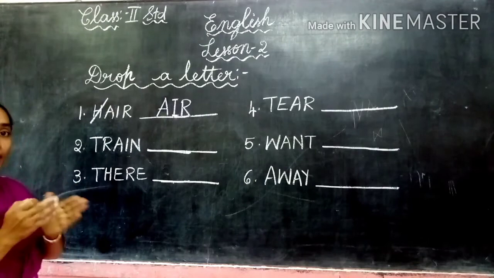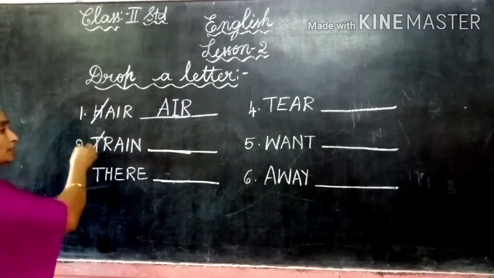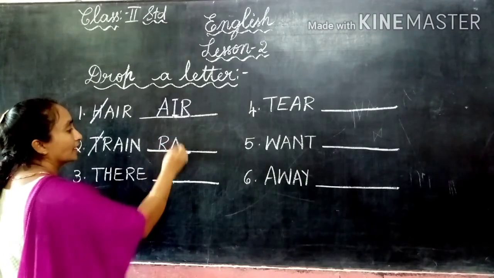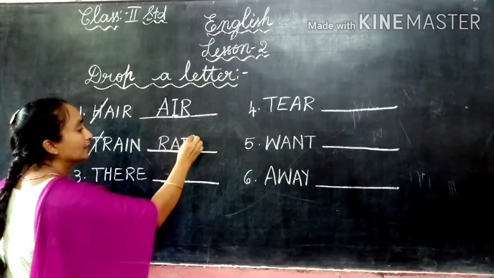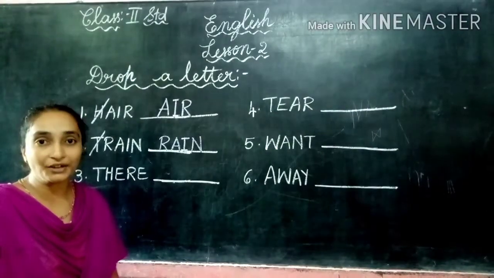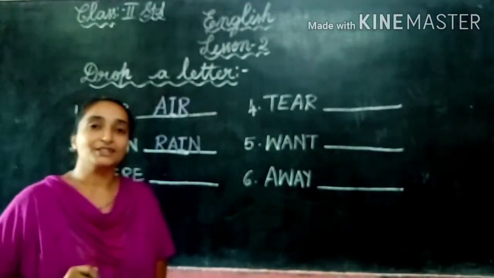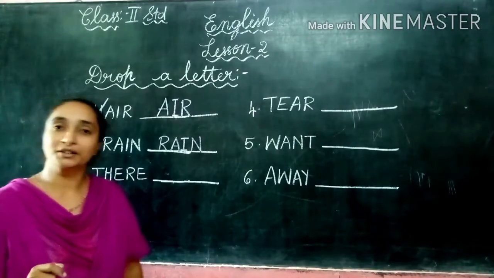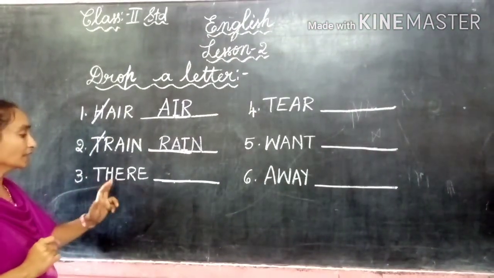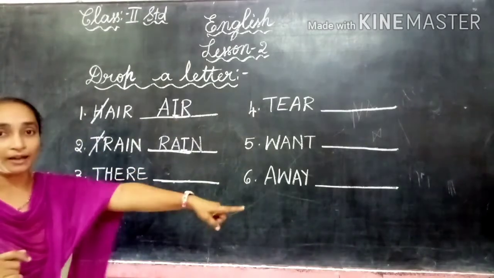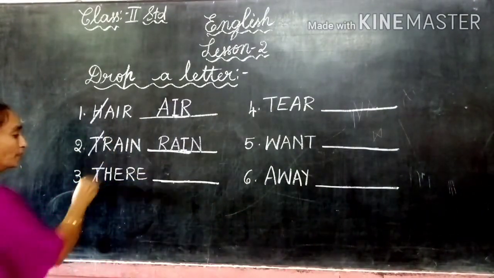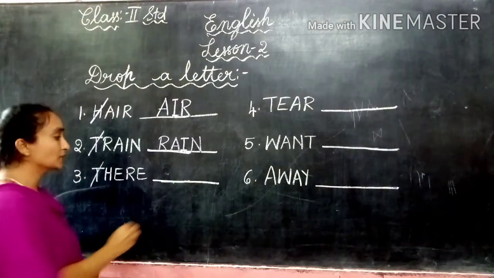If I drop a letter, the word will be R-A-I-N, rain. So here I got the new word rain. In the same way, here we can see, children, T-H-E-R-E, there. If I drop a letter, then what will be the new word, children?